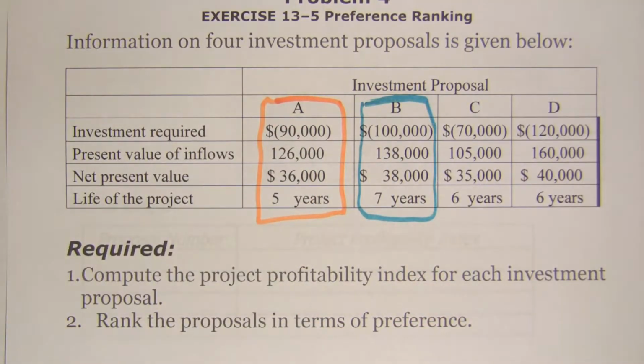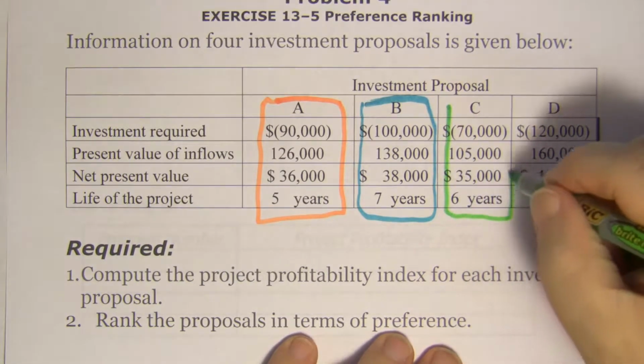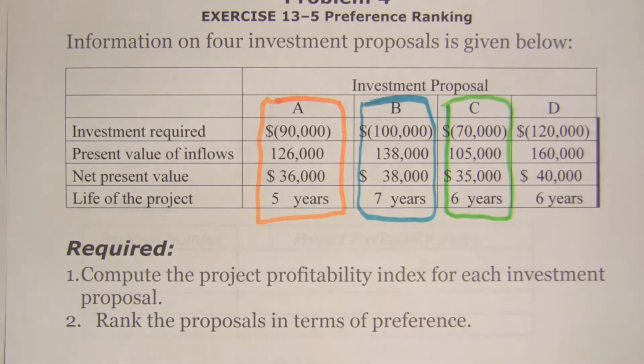Then they tell us investment B will cost us $100,000 right now. The present value of its inflows is $138,000. The net present value is $38,000, and the life of the required project is 7 years. C, we're going to have to spend $70,000 right now.